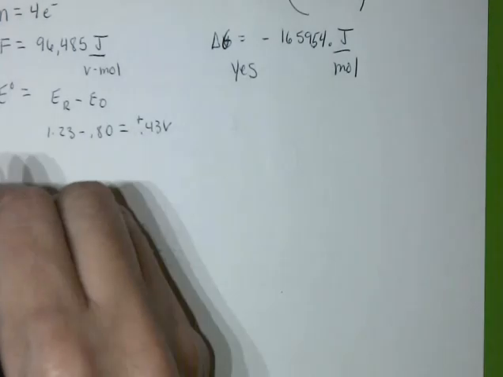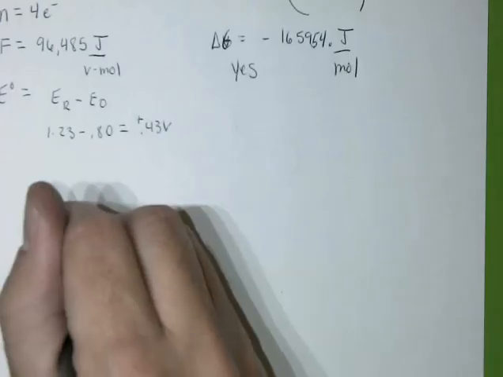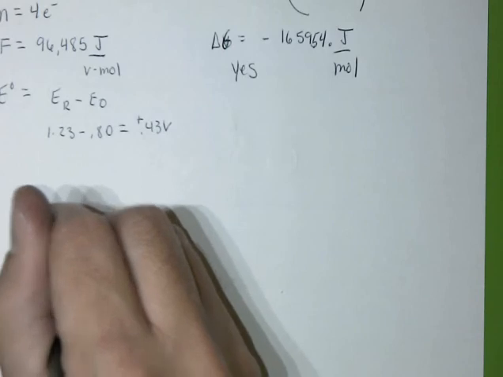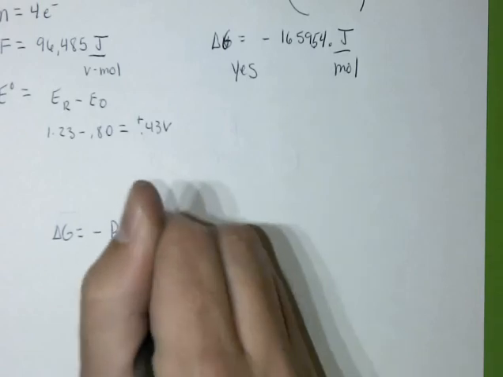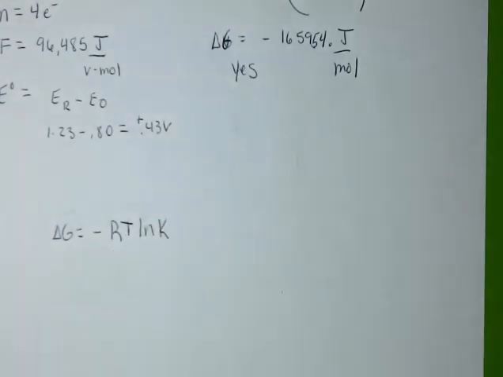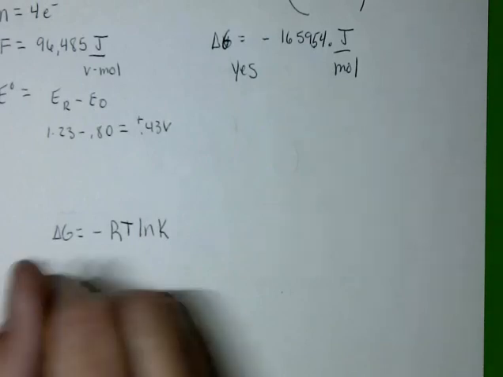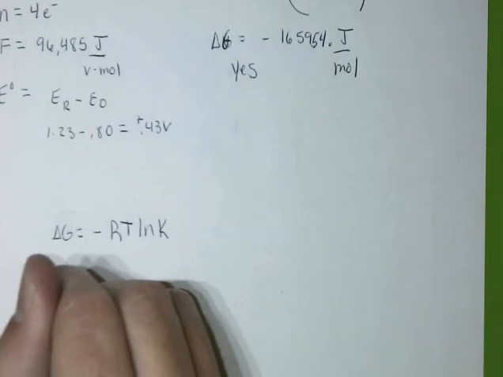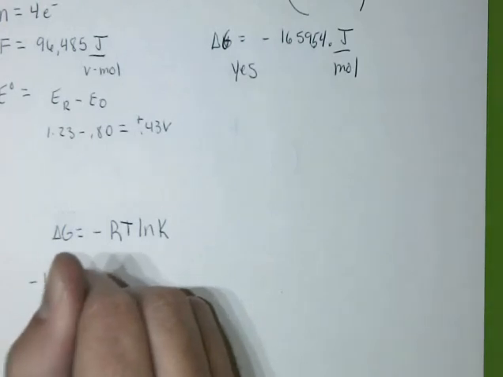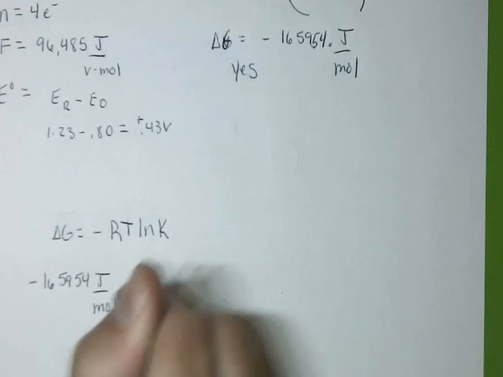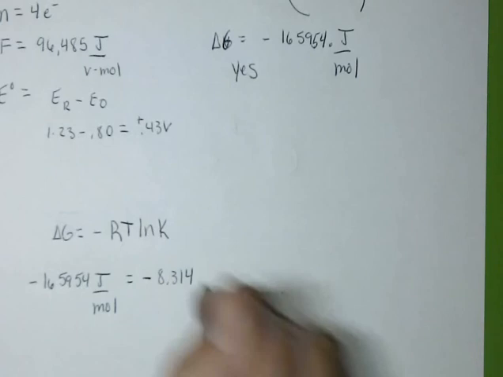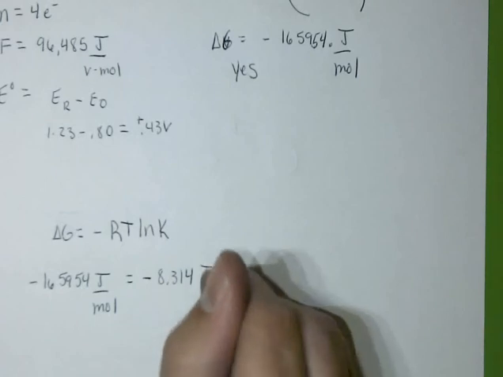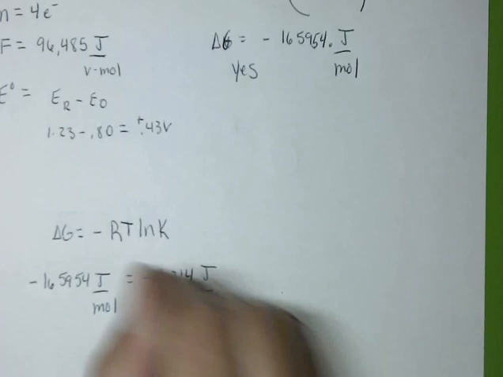Delta G is equal to minus RT times the natural log of K. We know all these parts because we know delta G is negative 165,954 joules per mole, equals minus the ideal gas constant, 8.314 joules over moles Kelvin, in brackets.